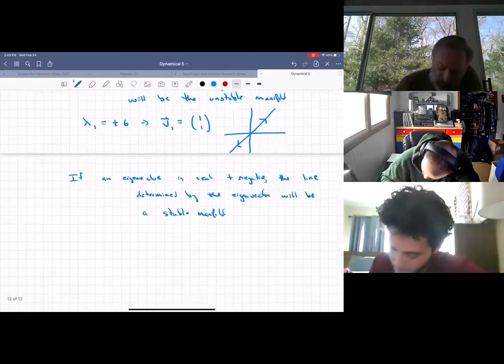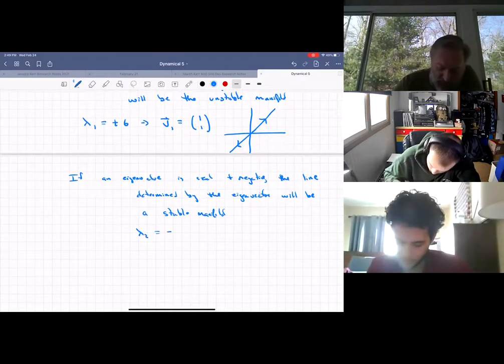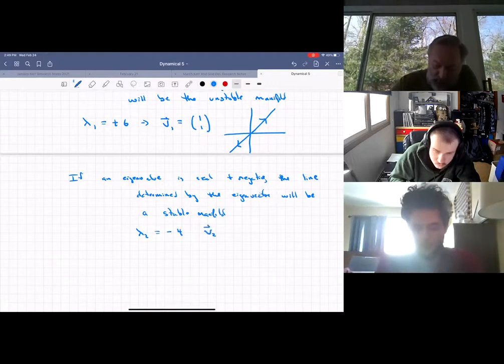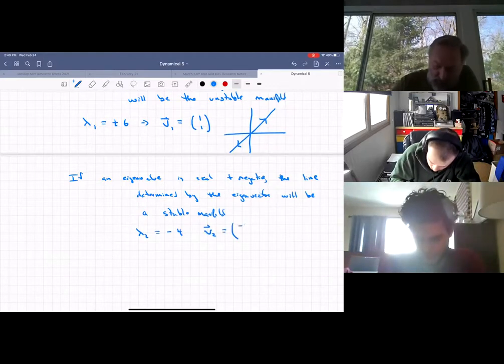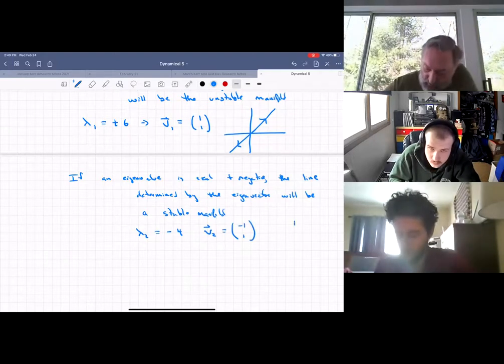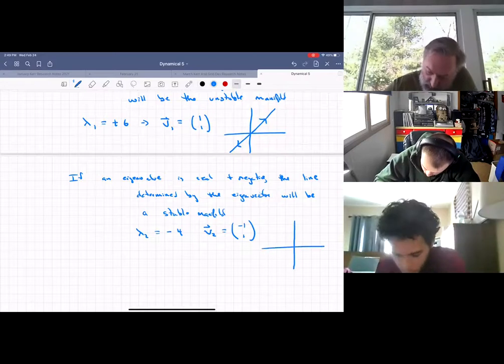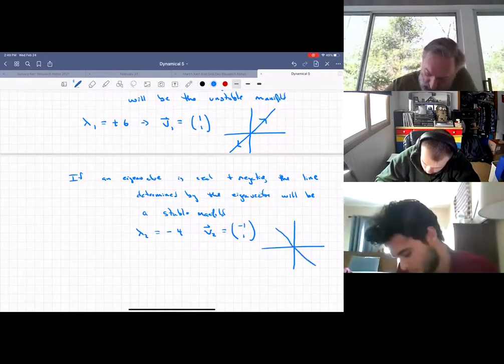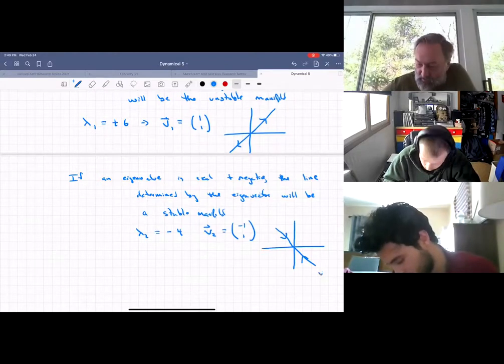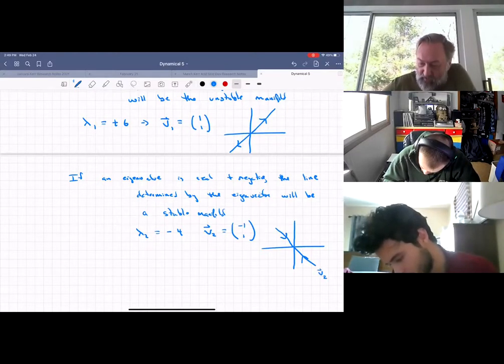So let's suppose that lambda 2 works out to be -4. And the vector associated with that is, say, -1, 1. Then that would mean that there's a line this way that is corresponding to a stable manifold. So this is the eigendirection for V2.